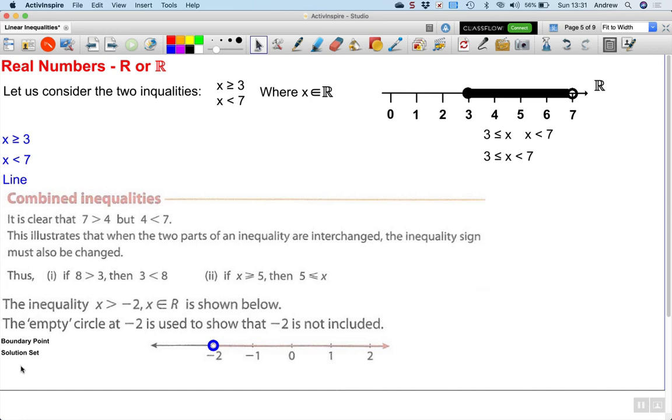The solution set they've drawn in the diagram isn't very clear, so I'll make it more obvious. And the solution set, because it's bigger than -2, is off to the right, and that arrow there is saying this set is going on forever. Once again, you need to pause the video and write down all the notes on this page.